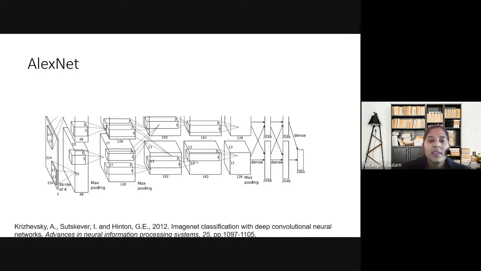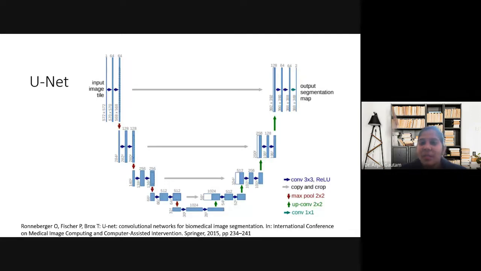Then they perform the max pooling operation after convolution. From 224, the size becomes 55 cross 55. Then again they get the information, and finally you get the category to which that particular thing belongs. This is just the basic architecture of AlexNet.